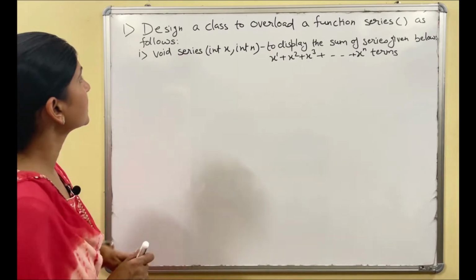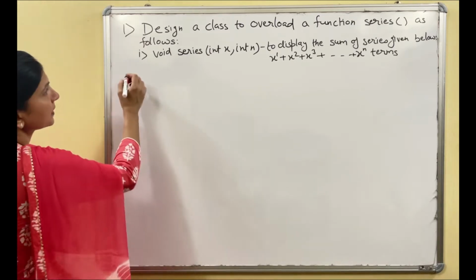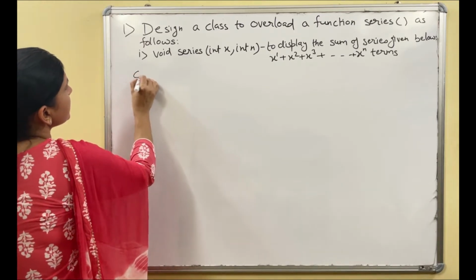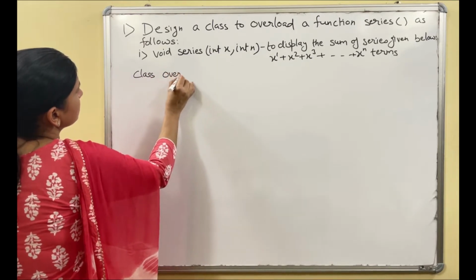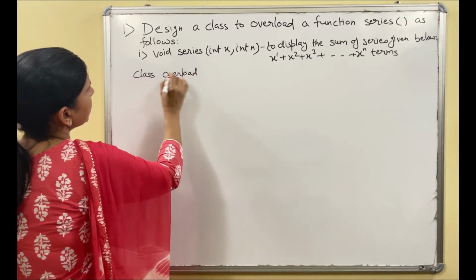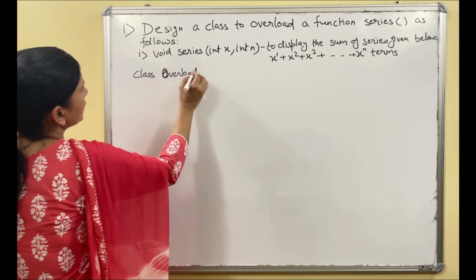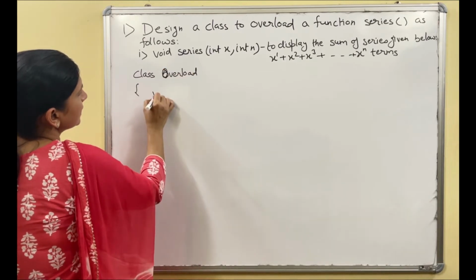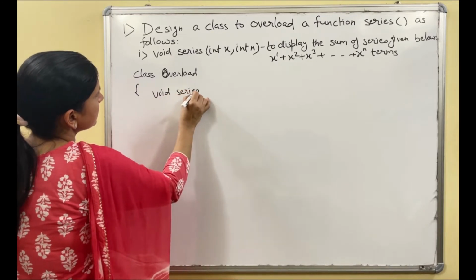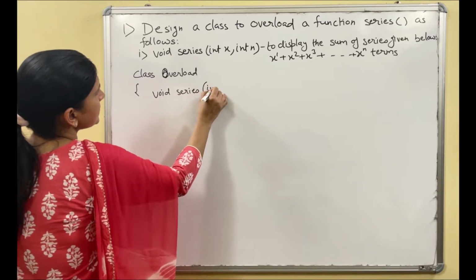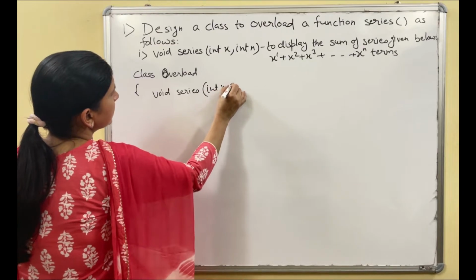Only the first function is there. So let's make the class first. Class overload. You can take any name, I am taking overload. Then the first function is void series(int x, int n).